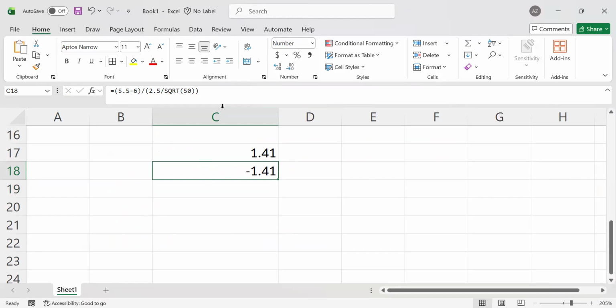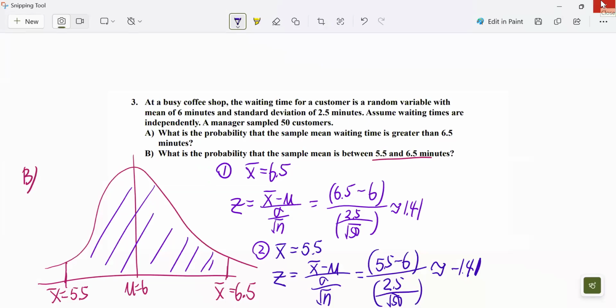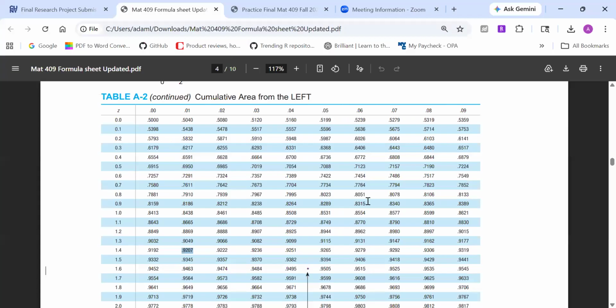And we want the area in between. So this becomes a standard normal curve. Based on the bigger z-score, we get 0.9207. And we want the area in between, so you use the bigger area minus the smaller area, based on minus 1.41.